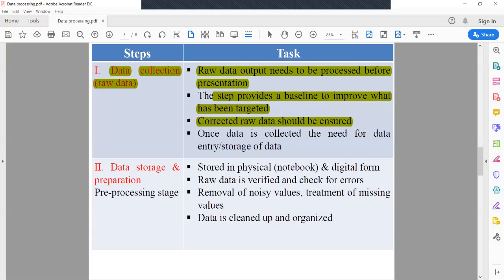So once data is collected, it always requires entry or storage of the data.